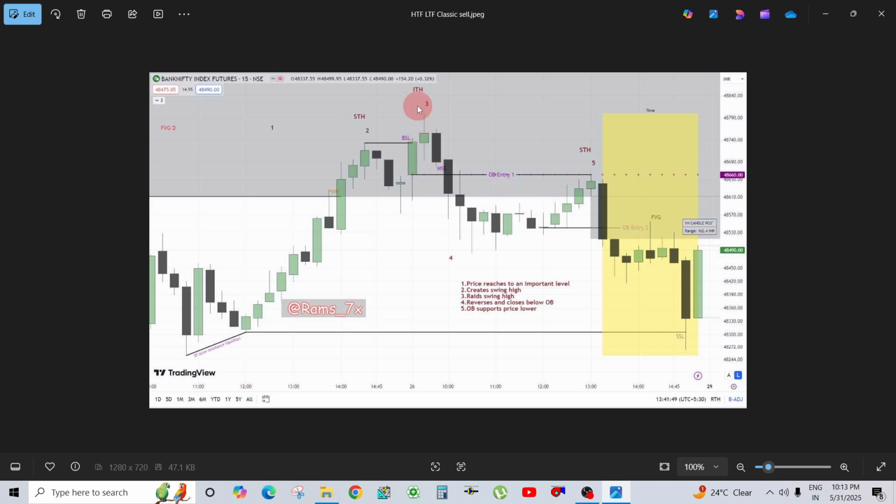Then suddenly it reverses and closes below the open of consecutive up close candles, which is the order block. Then fifth, when the price tries to go up, this order block supports price lower.